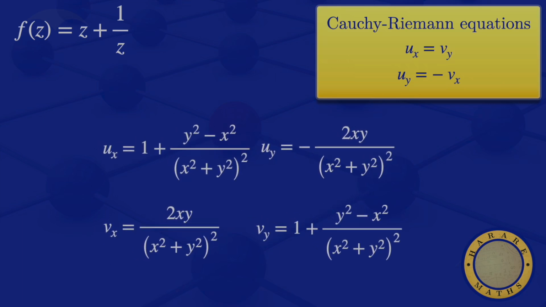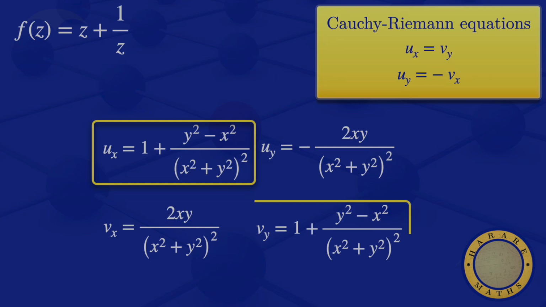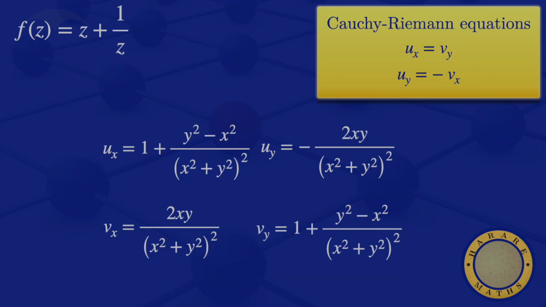Now let us go on and look at this one here, the partial derivative of u with respect to x. We see that it is equal to this partial derivative of v with respect to y. So it is satisfying this equation here, the first one. Then we go on and look at this equation here, the partial derivative of u with respect to y.